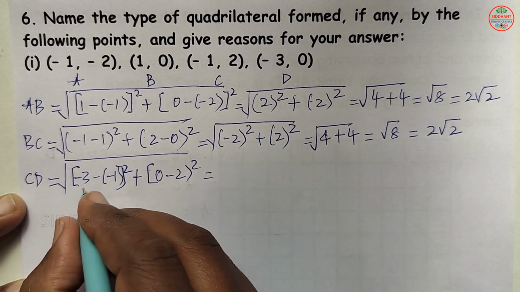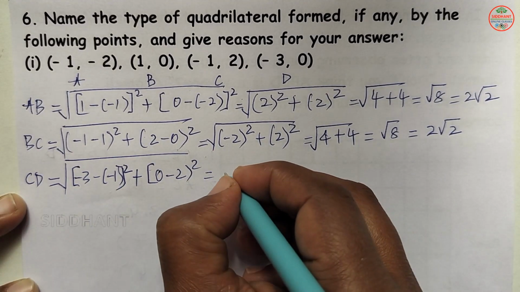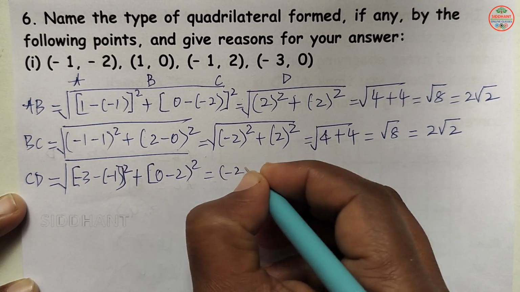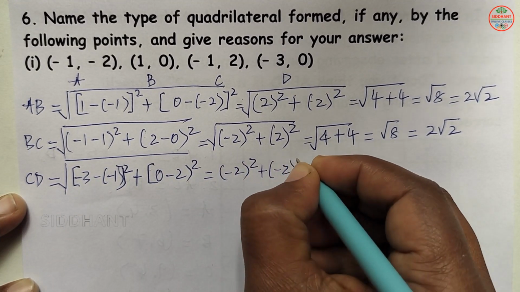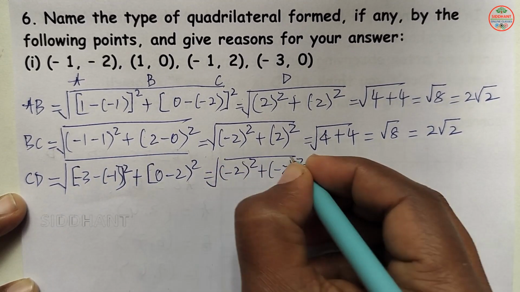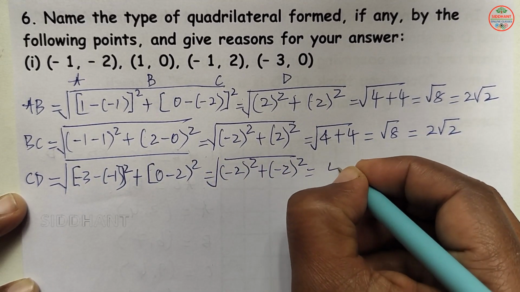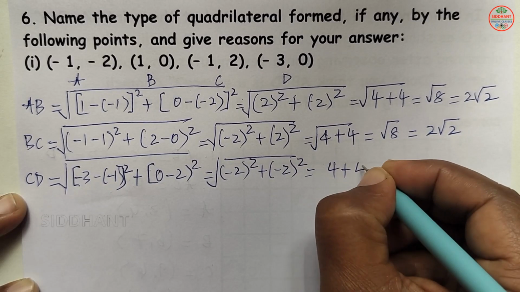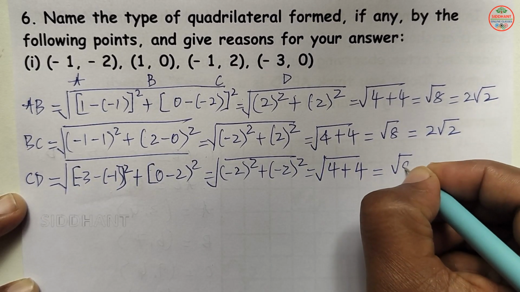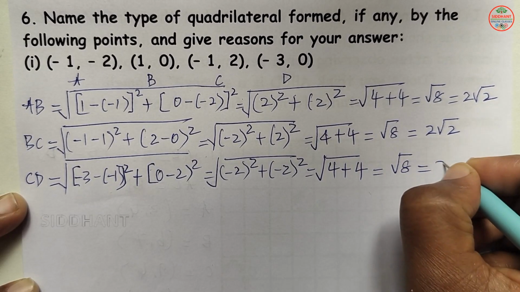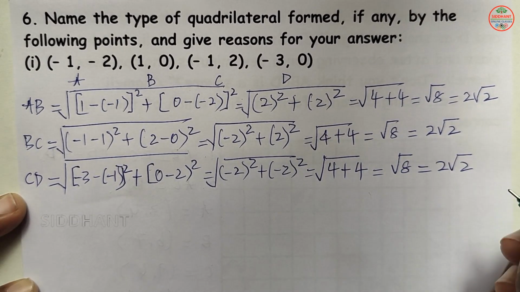So that will be minus 3 plus 1, which will be minus 2 whole square, plus minus 2 whole square. Square root, that will be 4 plus 4 square root, which will be square root 8. Square root 8 means 2 root 2.